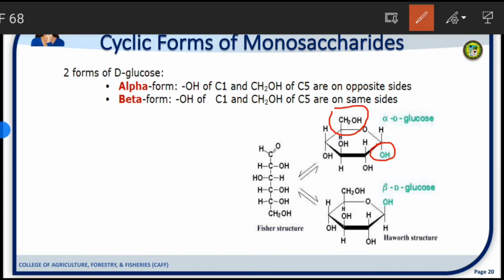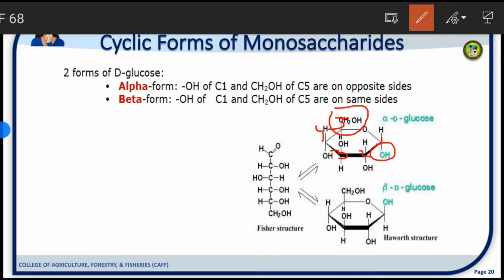If you count from here, this is carbon 1, 2, 3, 4, and 5. So the alpha form is formed when the OH of carbon 1 and CH2OH of carbon 5 are on opposite sides. Now, how about the beta form?